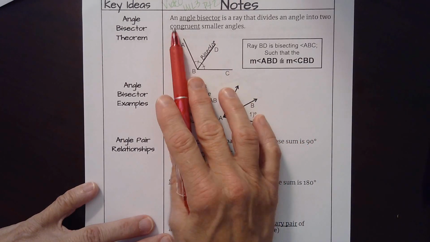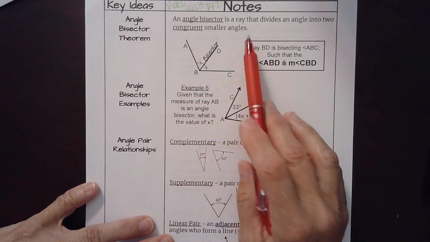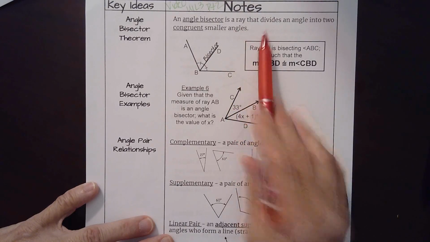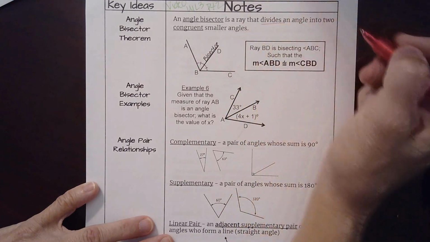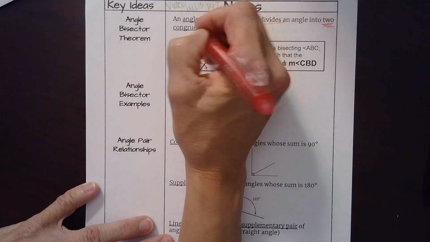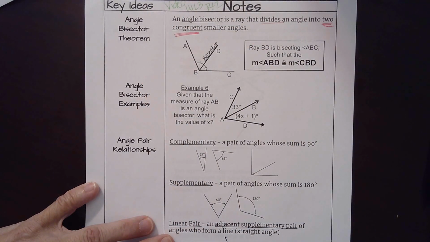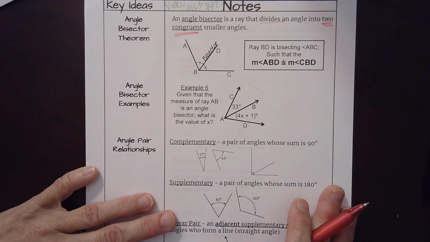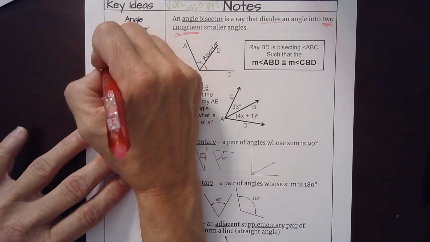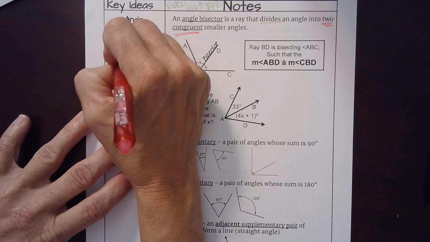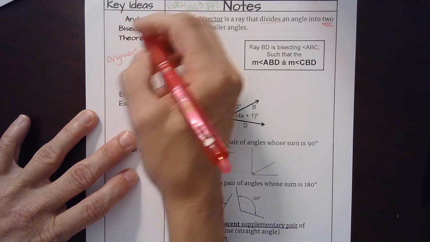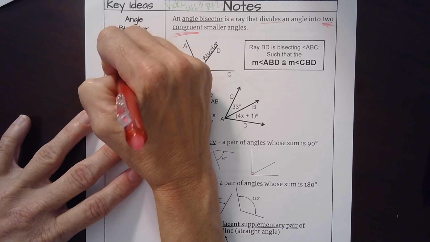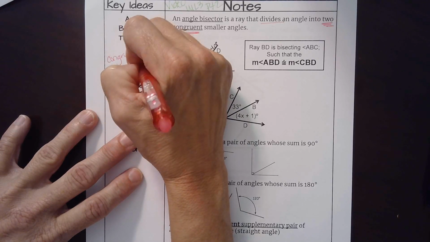Okay, so it says an angle bisector is a ray that divides an angle into two congruent smaller angles. Now, one of the things that we need to talk about is what does congruent mean? Congruent actually means the same measure.